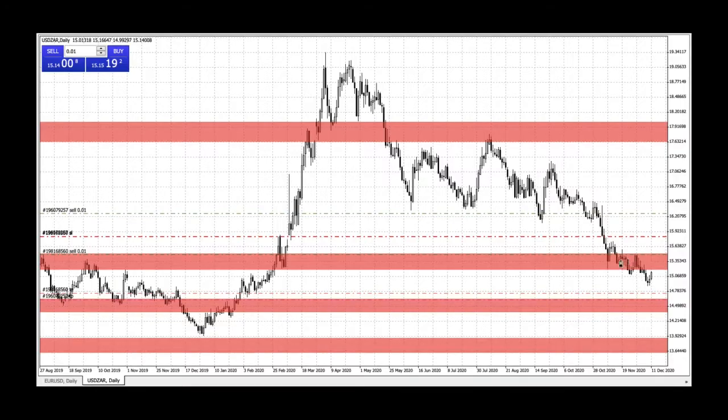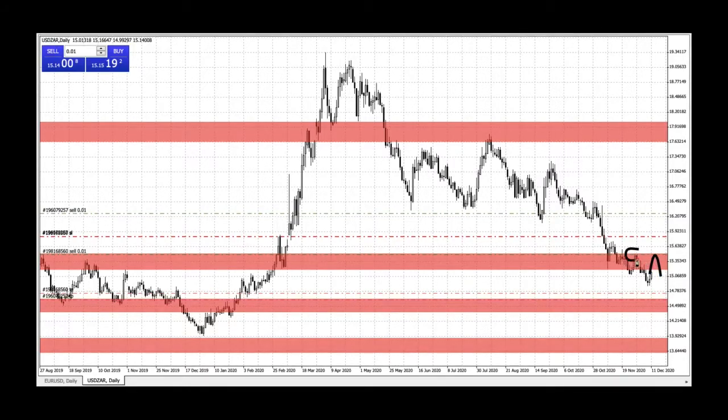So what we're expecting is that if the price closes below this level, I'll be looking to take short opportunities and expecting it to go all the way down to retest the 14.49892 zone.